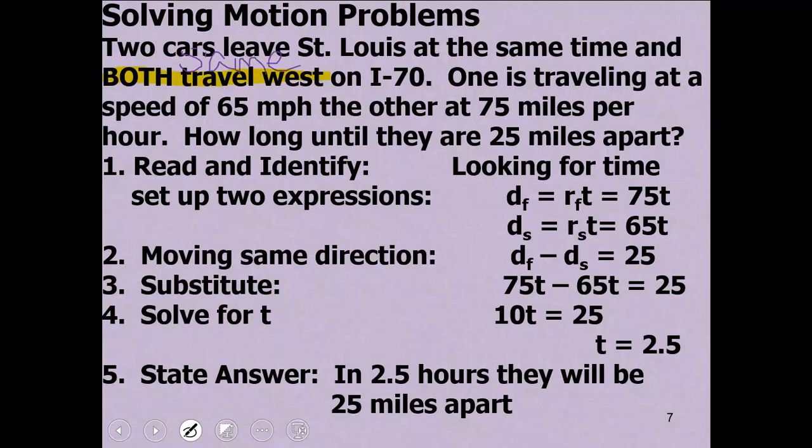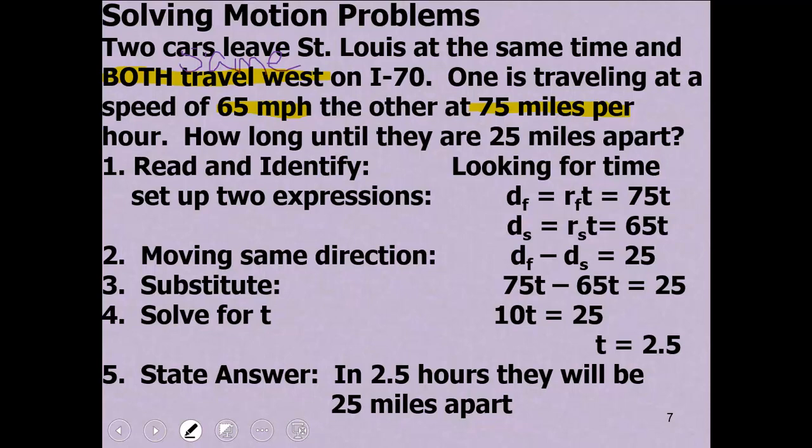So I'm going to write same above here. Can you read that, hopefully? Now it says one vehicle is traveling at a speed of 65 miles per hour, and the other at 75 miles per hour. Which one is going faster? The one driving 75 miles per hour, right?